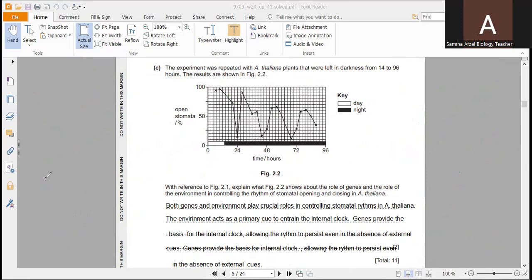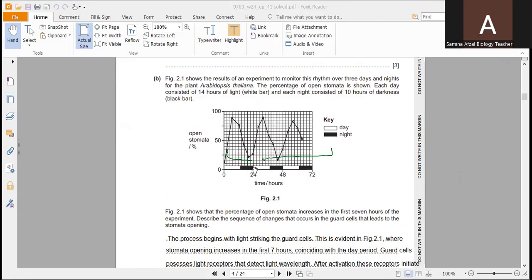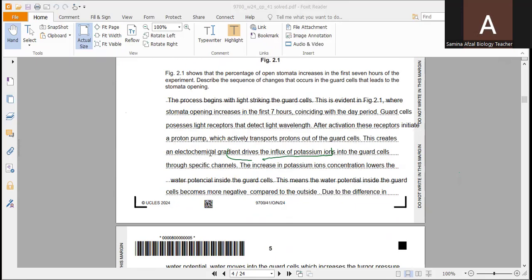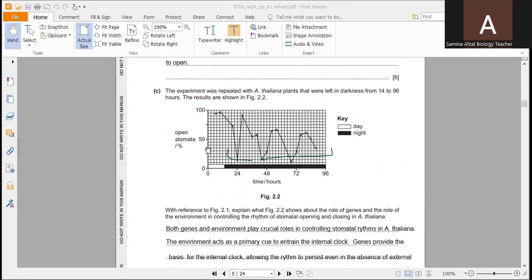You can see the black area shows the night. The results are shown in the figure. With reference to figure 2.1, move to figure 2.1. You can see in this figure there is a difference between them. And here you can see the difference between these two pictures.